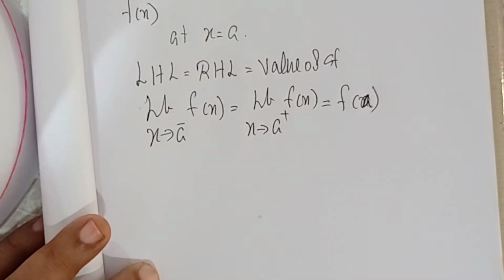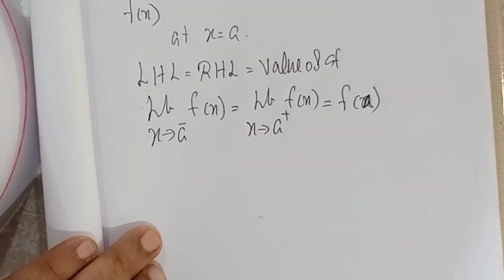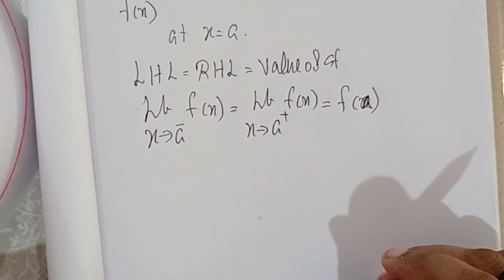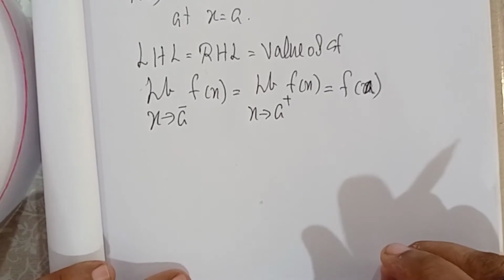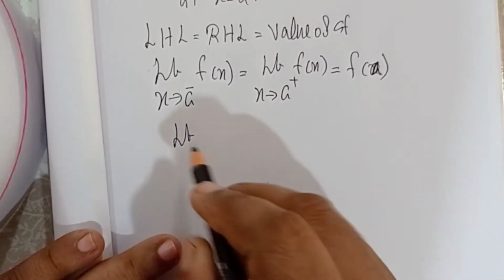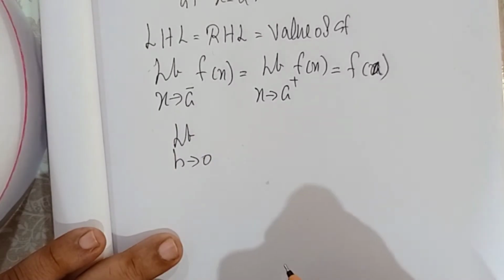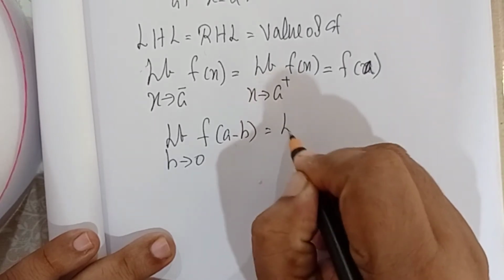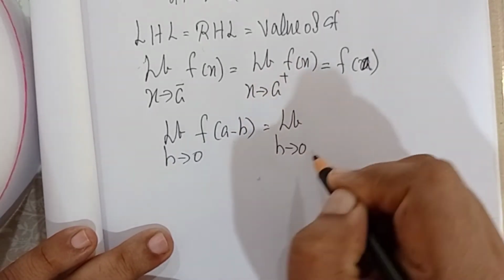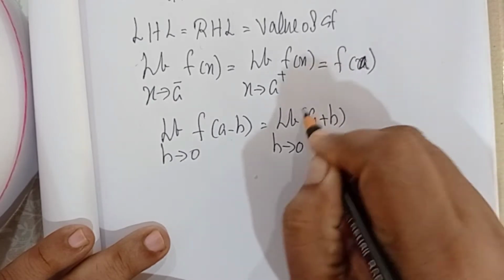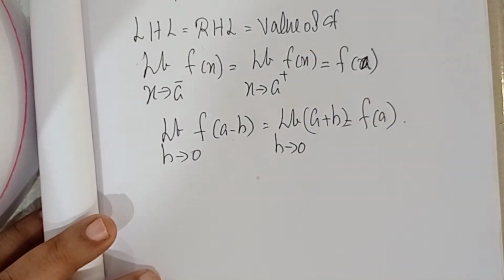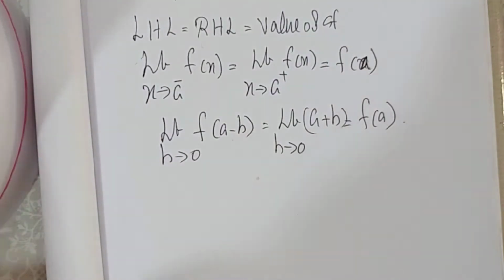If LHL equals RHL equals f(a), we can say that the function is continuous at x equal to a, or limit h tends to 0, f(a minus h) equals limit h tends to 0, f(a plus h) equals f(a). Otherwise, it is discontinuous at x equal to a.